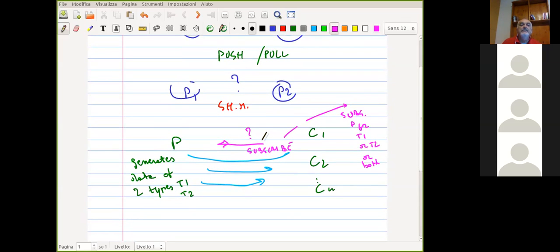So in practice, in POSIX, what do you need to do that? You need pipes, you need signals, you need a named pipe, or what? Or a shared memory. And how P sends data to the subscribers, and last, of course, simple, the unsubscribe.